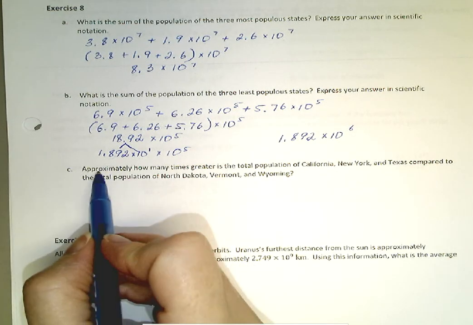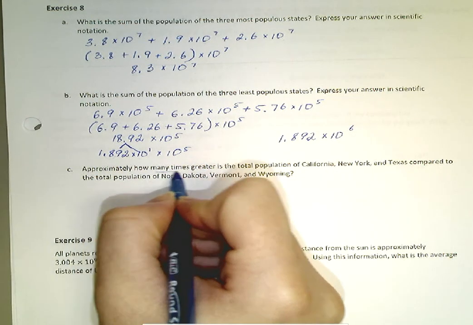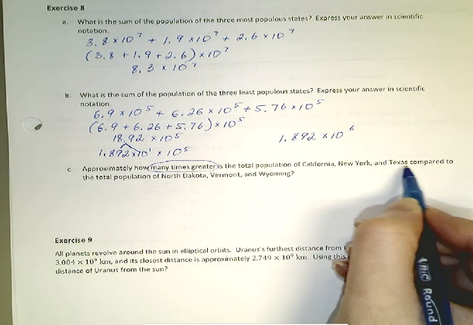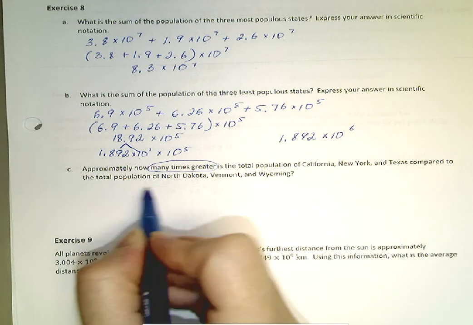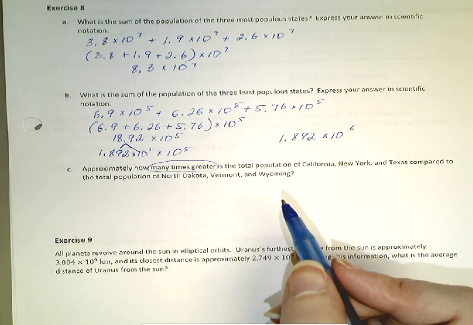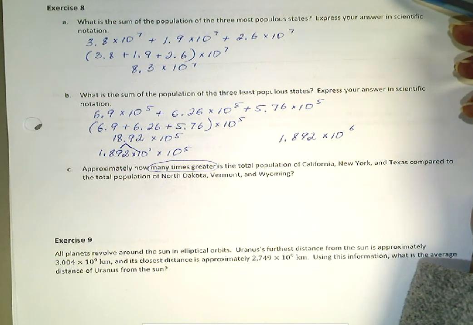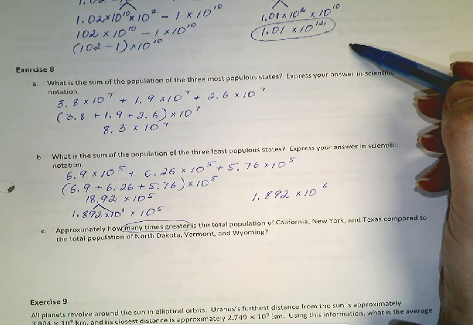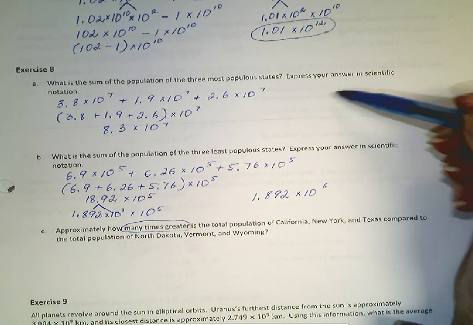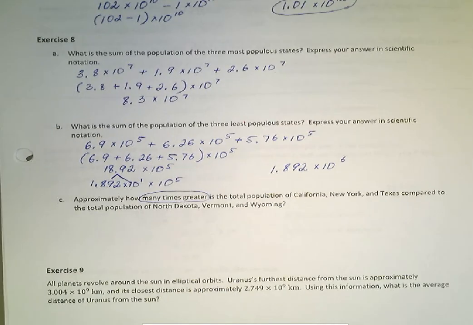C. Approximately how many times greater is the total population of California, New York, and Texas compared to the total population of North Dakota, Vermont, and Wyoming? Okay, so we are taking the population of our most populous states, and we are dividing it by the population of the least populous states.